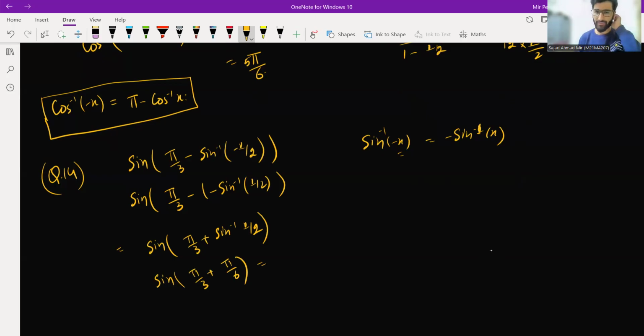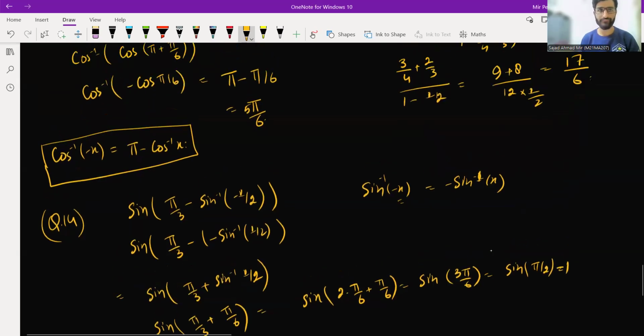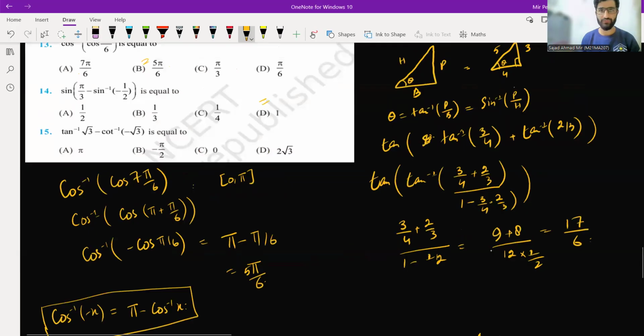Sine gets the value 1 by 2 at pi by 6. So this will be sine of 2 into pi by 6 plus pi by 6, which is sine of 3 pi by 6, which is equal to sine of pi by 2, equal to 1. So 1 will be the answer for this.